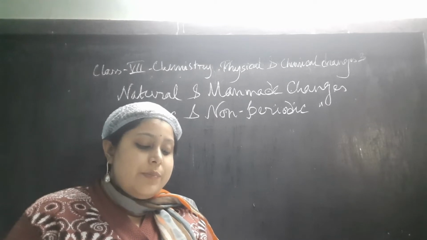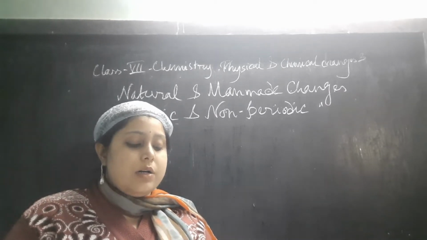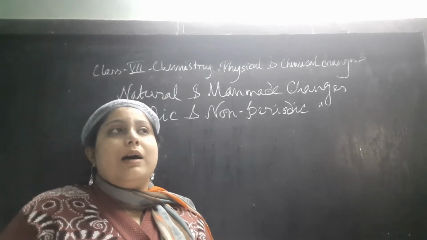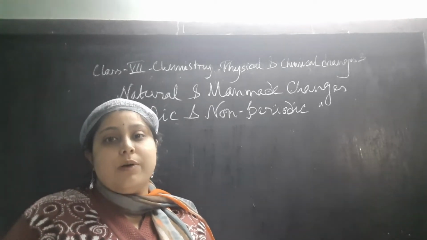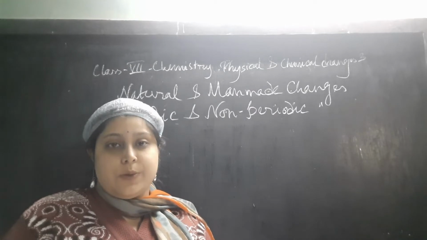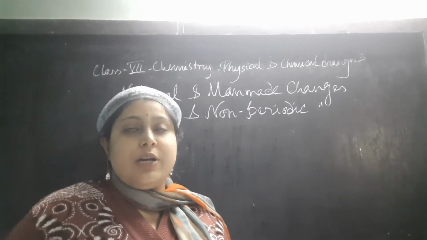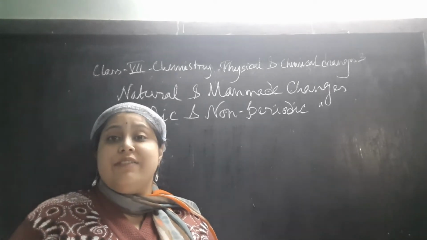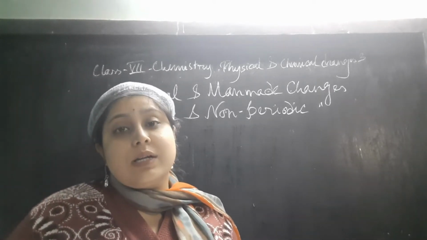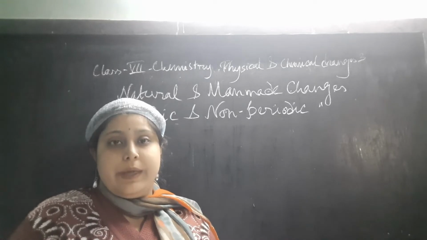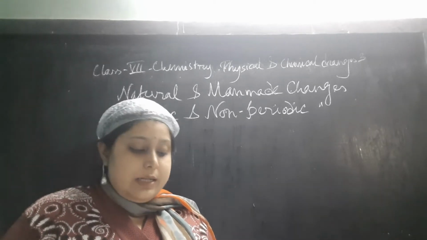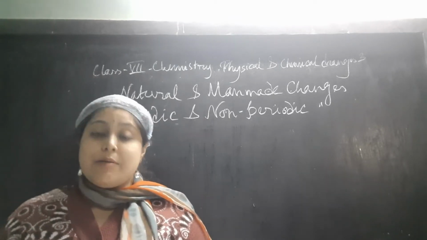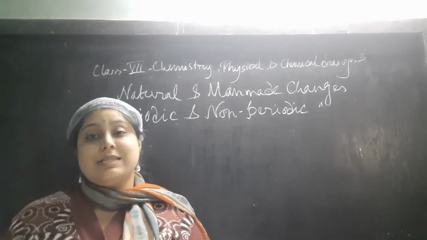Changes that are not repeated at regular intervals and occur irregularly are called non-periodic changes. Like a tsunami. It is not a regular change. Like any natural calamity, you can talk about any rain, any flood, any earthquake. These are not coming after a fixed interval. Some more examples of non-periodic changes: landslides.